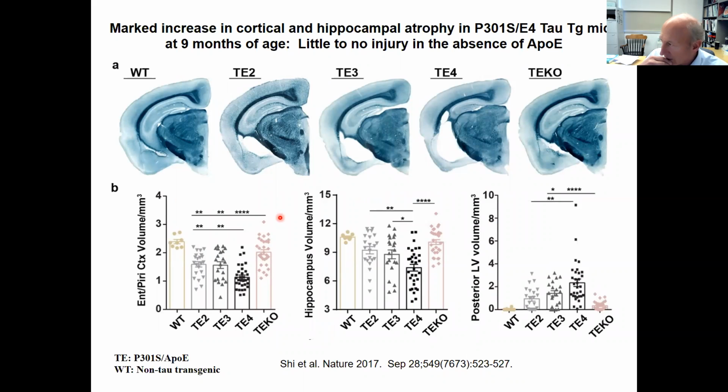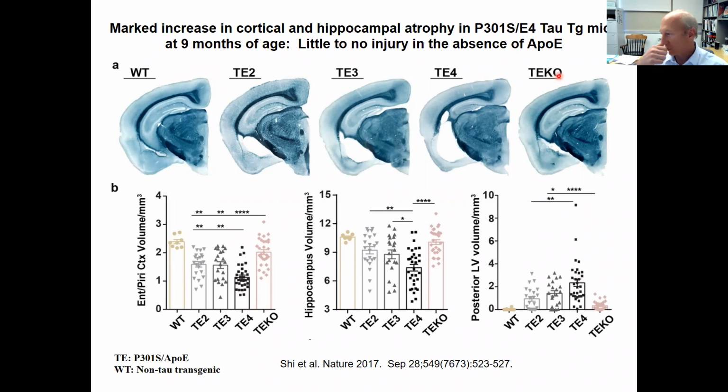So Yang Shi, then a graduate student, led these experiments where basically we just crossed these tau mice to mice that express human APOE2, E3, or E4, or no APOE at all.